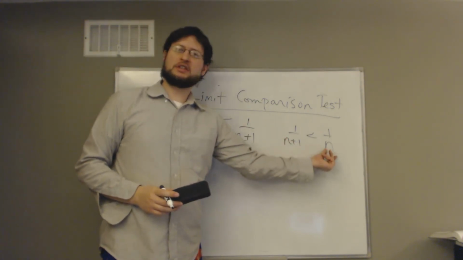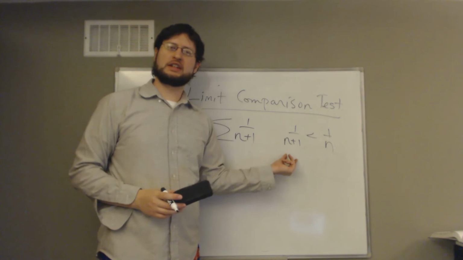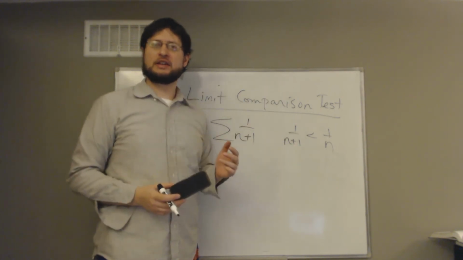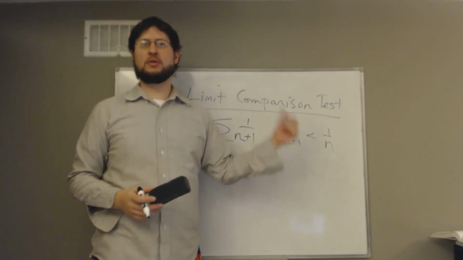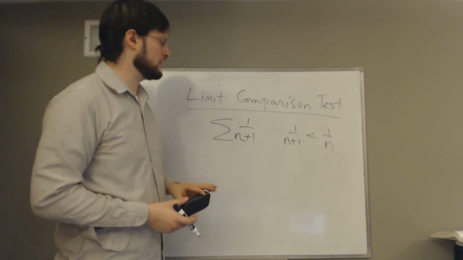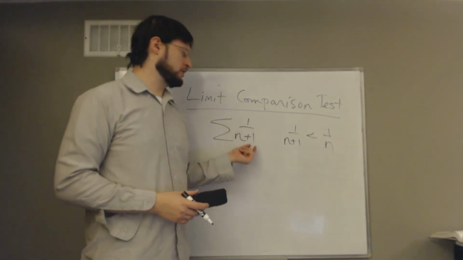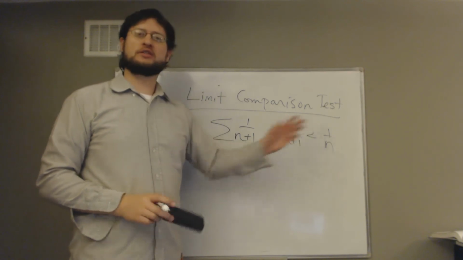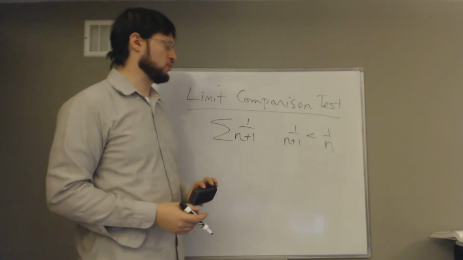If I made 1 over n into a series, it would diverge, but being less than a divergent series doesn't mean anything. It could still diverge, but it could be so much less that it's finite and it converges. We certainly want to feel like this one still diverges, but the straight comparison test doesn't work.